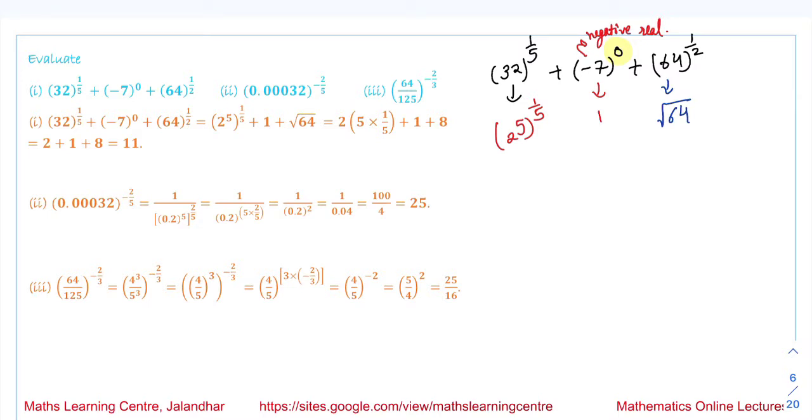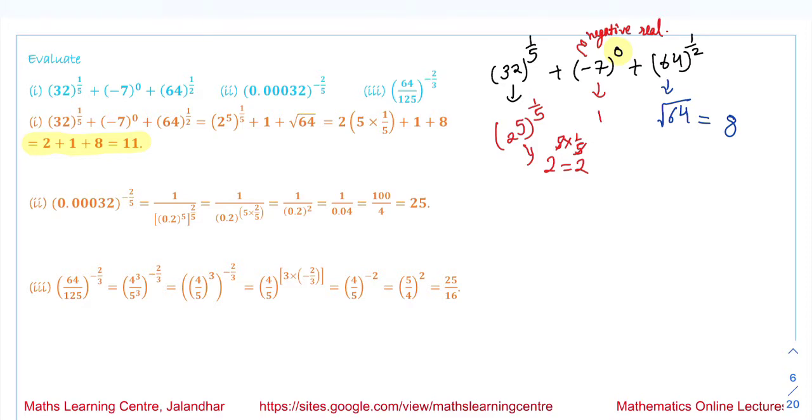The first value is 2 raised to the power 5 into 1 by 5. The 5s get cancelled, so it is equal to 2. The last value, square root of 64, is 8. So the final answer is 2 plus 1 plus 8, equal to 11.